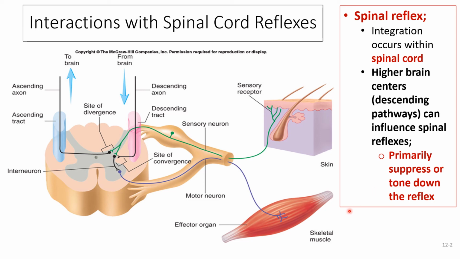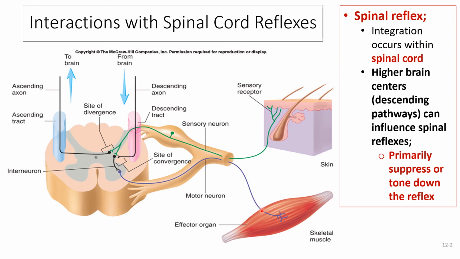Think about it as making this reflex more controlled. The spinal reflex is going to occur. It doesn't need the brain to do this arc, but the brain does influence this motor efferent reaction, and primarily what it does is it tones it down.